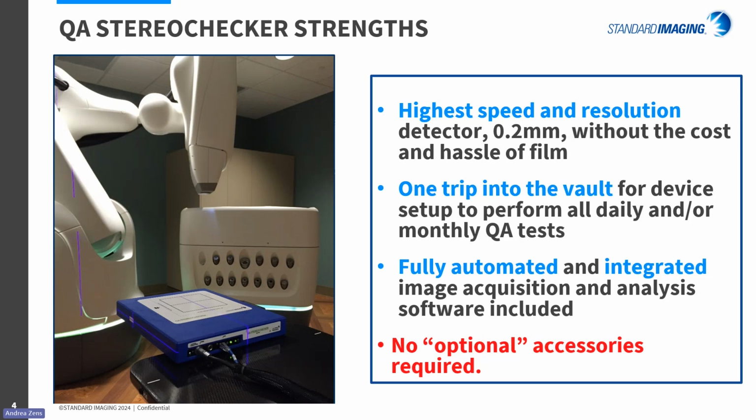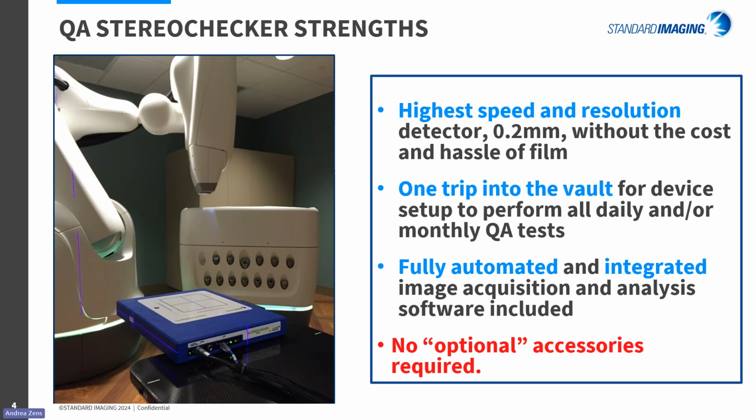It is a 2-micron resolution 2D detector array, basically a portable EPID panel. Only one trip into the vault is required to position the device for all QA tests. It is built to use Accuray's fiducial tracking system, so no repositioning of the device is required between tests.